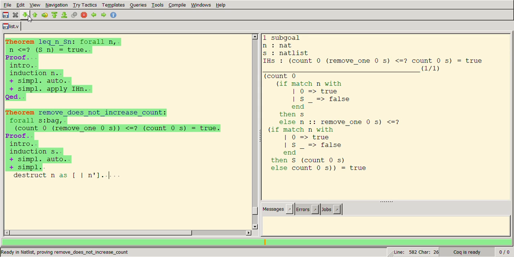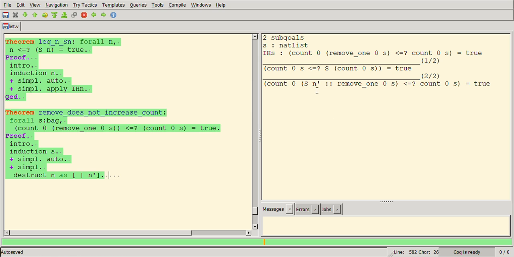Destruct n as, okay, so in the first subgoal n is replaced with 0, and the 0 is simplified as well, and that gives this statement, while in the other where n is replaced with successor followed by something, that something is n prime now, and the match and if then else statements were also simplified, and they give these subgoals.